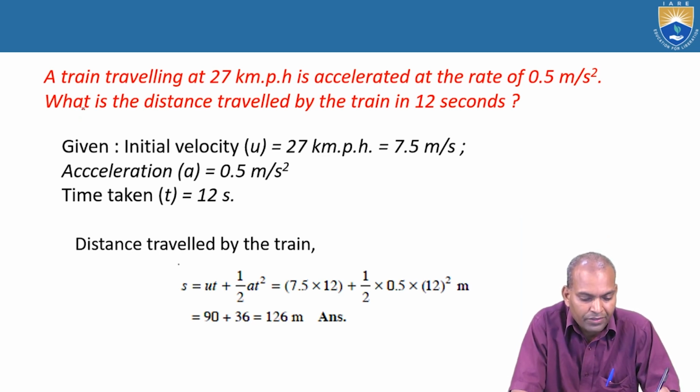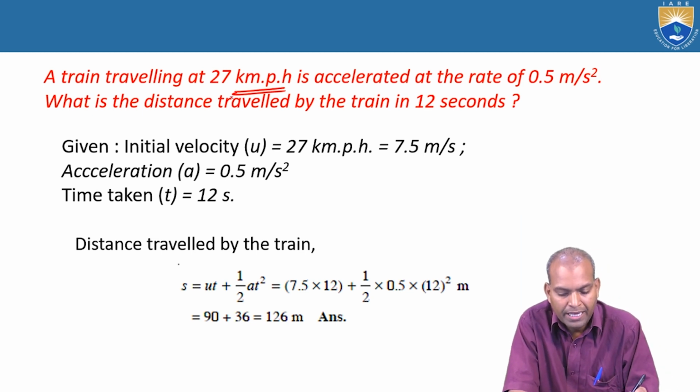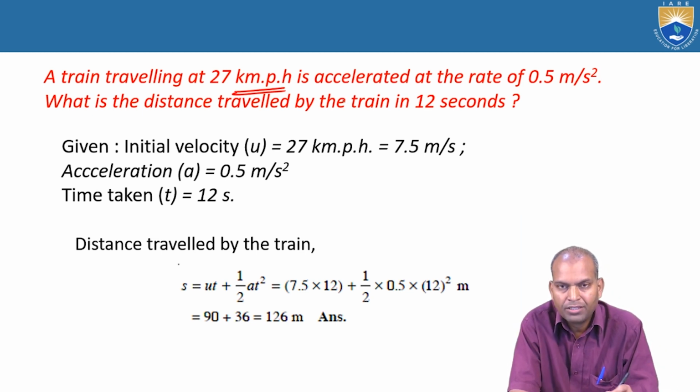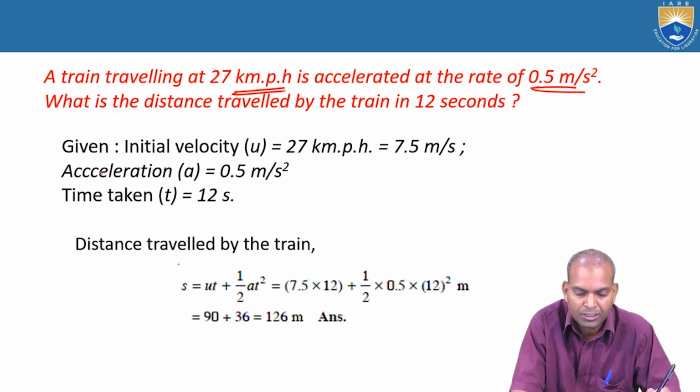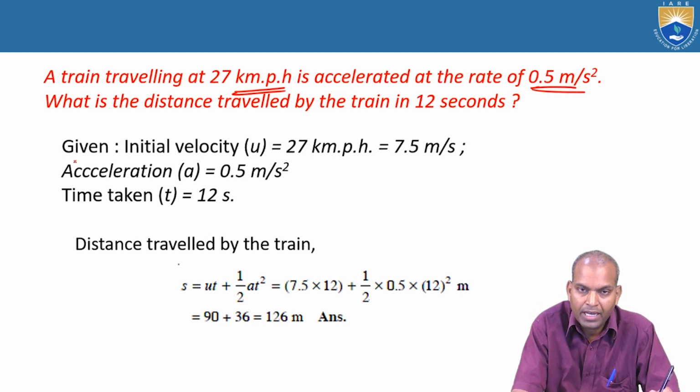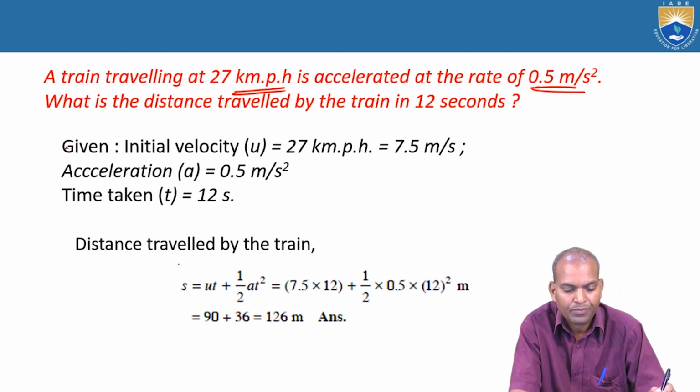A train traveling at 27 kilometers per hour is accelerated at the rate of 0.5 meter per square second. What is the distance traveled by the train in 12 seconds?